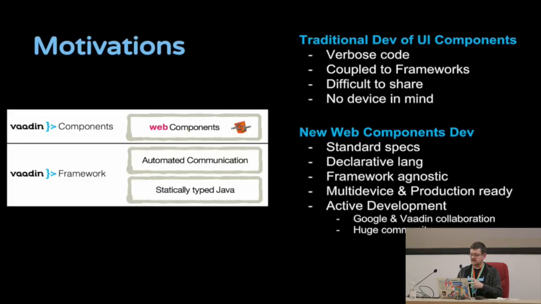Also, we are framework agnostic, so our web components are going to work everywhere, and they are multi-device, production ready, active development. Google is behind the web components, and Vaadin is collaborating a lot with the Polymer element. There is a huge community, etc., etc. So everything, I think, is good.